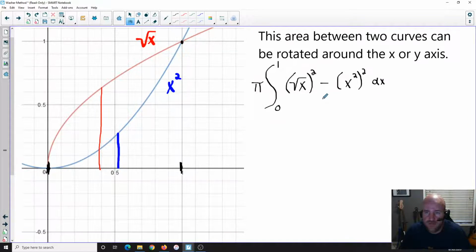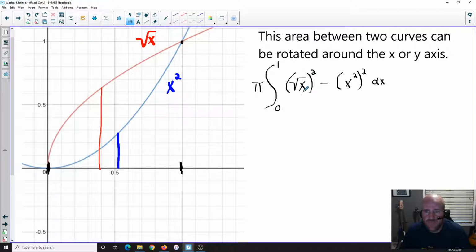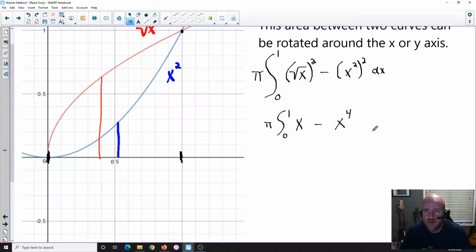So taking the antiderivative of this, the first thing you typically want to do is clean it up. It makes the integration a little easier. So if we squared the square root, that's just going to cancel out. We get x, and then square squared, that's x to the fourth. Now we integrate.